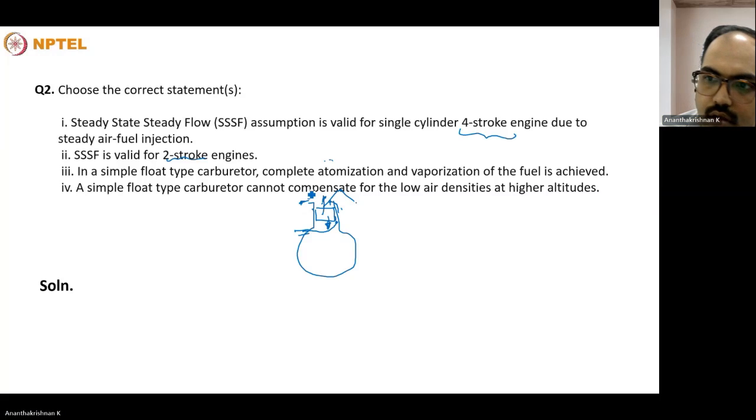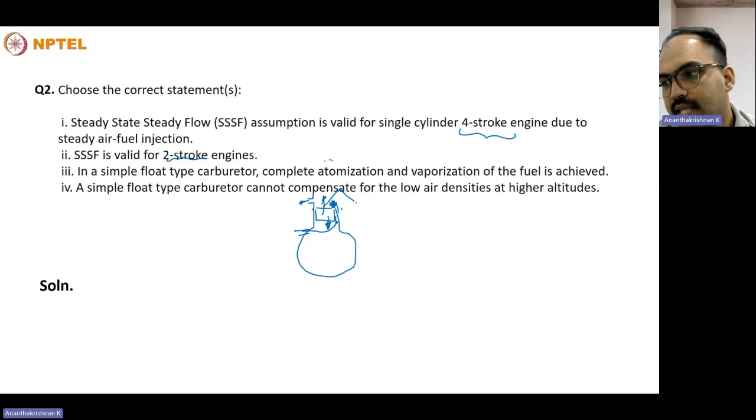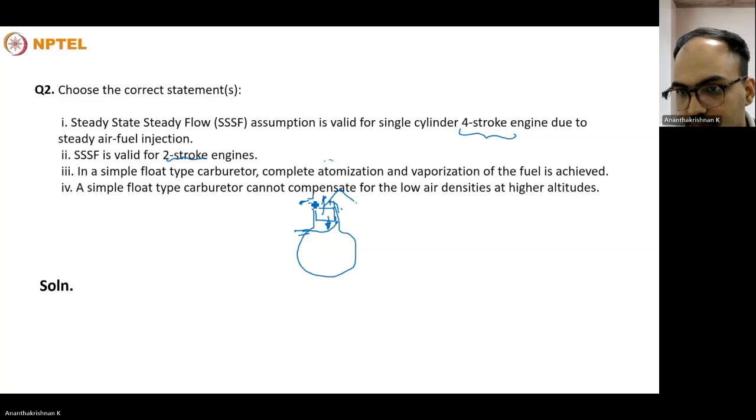So that all the four things can happen simultaneously in two strokes, and those two strokes can be considered a cycle. So just like the previous case, there can be a possibility of mixing between the exhaust gas and the air fuel mixture that comes inside.